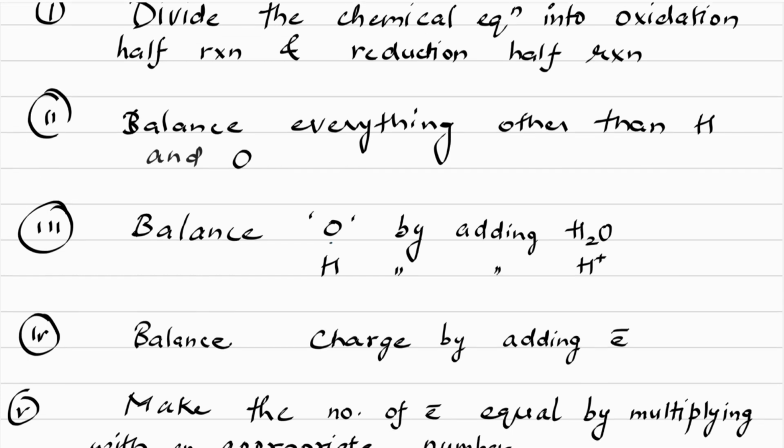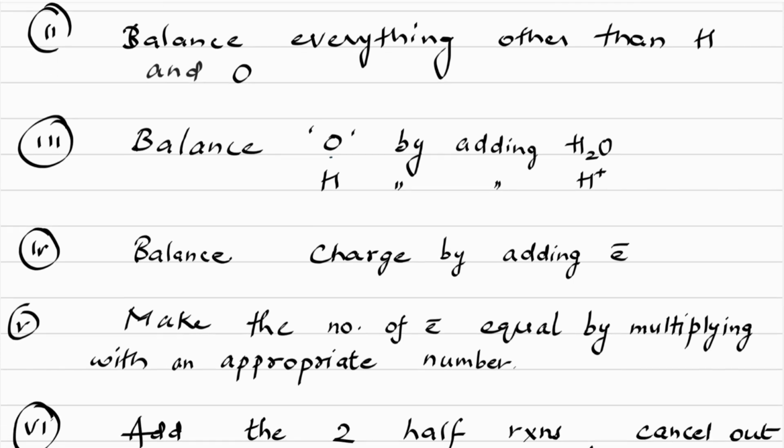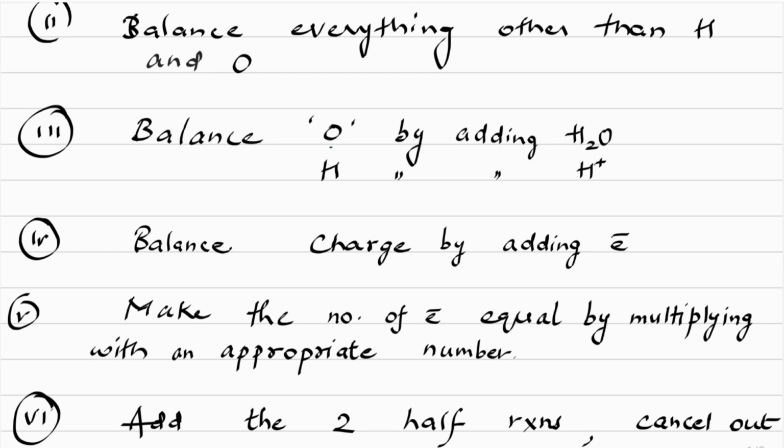Then, after you've done that for both reactions, balance the charge by adding electrons. After you have balanced charges by adding electrons, make sure that the number of electrons for both half reactions are equal. For doing that, you may have to multiply a certain half reaction with an appropriate number.